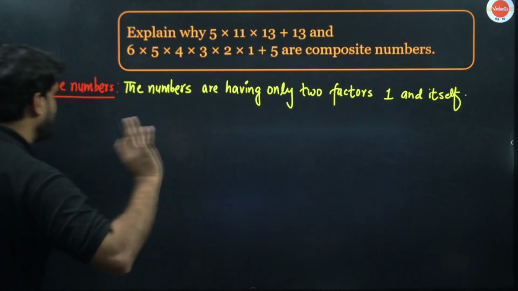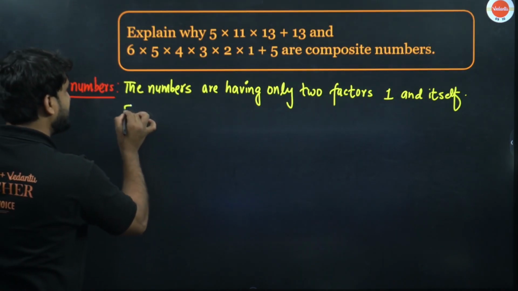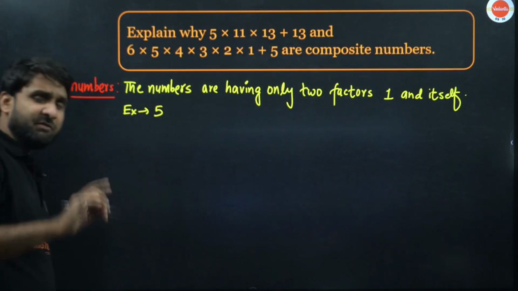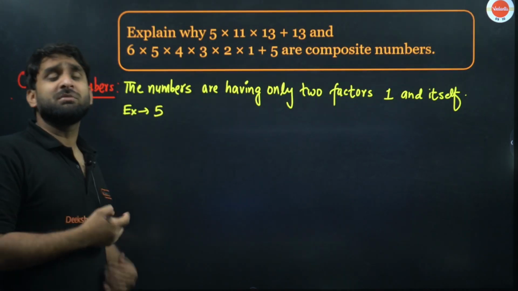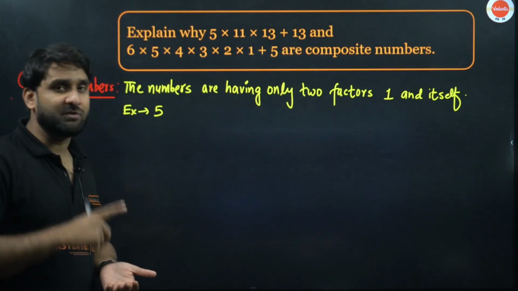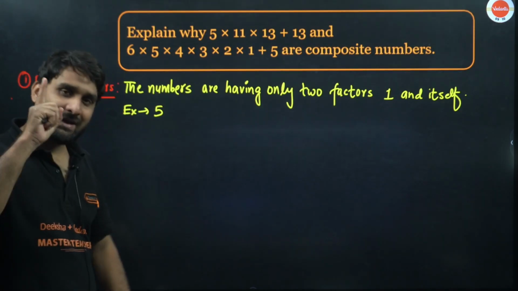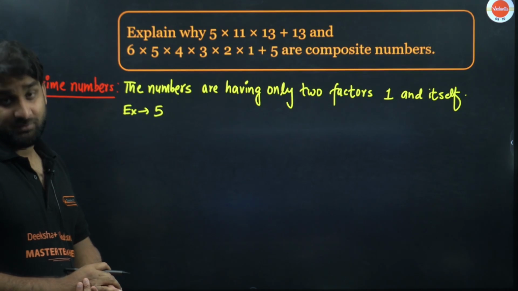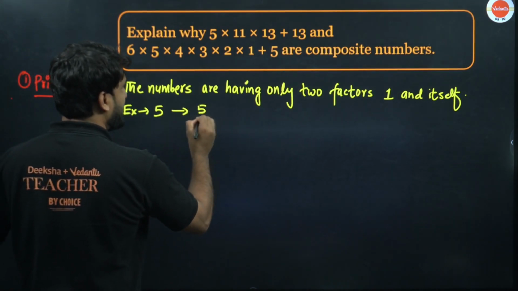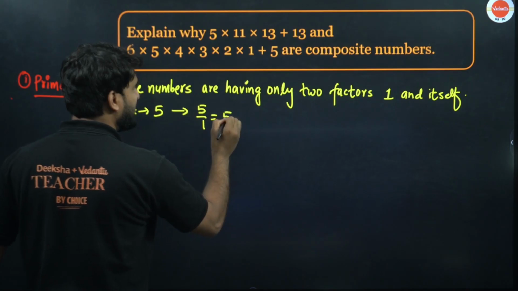For example, don't take tension. Your Sonu Sir is here. For example, 5. If I ask you, which number can divide 5? So 5 can be divided by only two numbers, 1 and itself. Yes, 5 can be divided by 1, so the result will be 5.